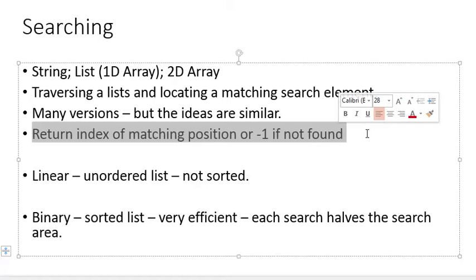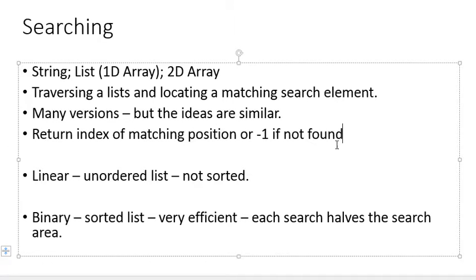Now there are variations on what you do with this, but if we don't find a matching instance, we're going to return -1 as the index item. And that makes sense because the first index item is always going to be 0, whereas -1 would not be a possible search item. That tells me that I have not found what I'm looking for.